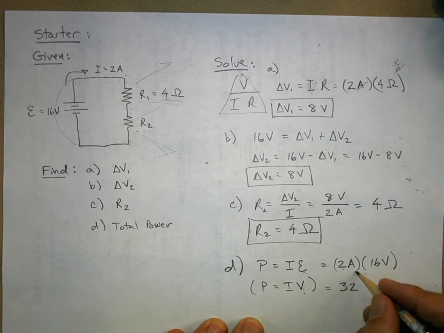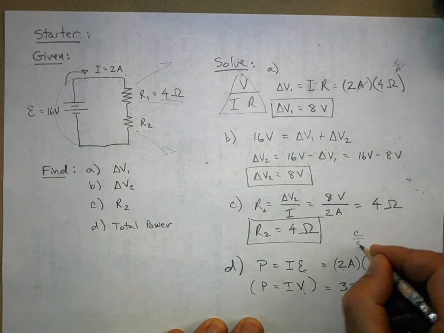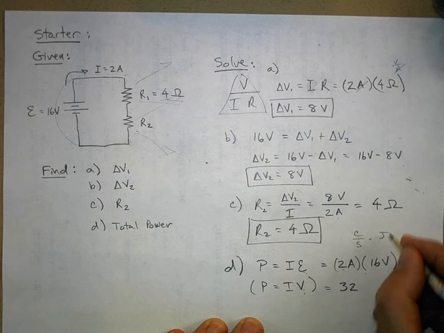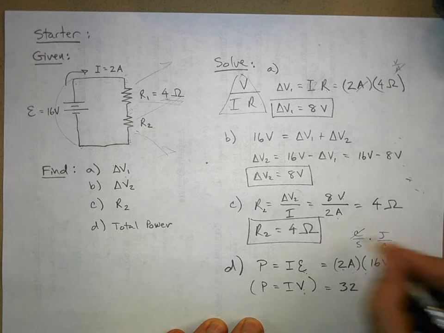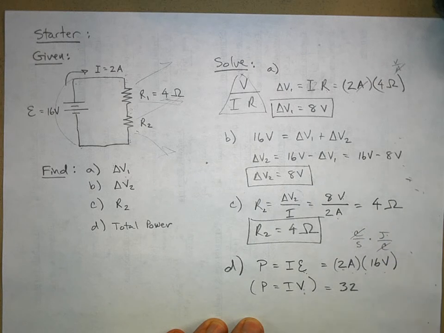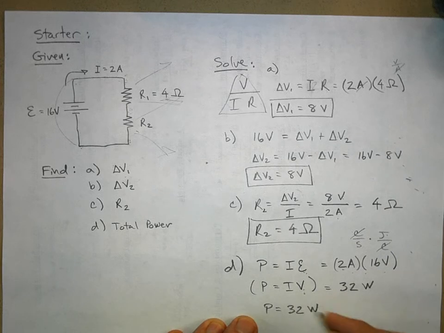And an amp, remember, is a coulomb per second, and a volt is a joule per coulomb. So if you break an amp times a volt down, the coulombs will cancel, and I get a joule per second, and a joule per second is a watt. So the power is equal to 32 watts.